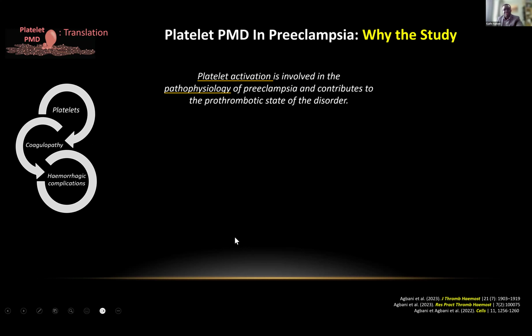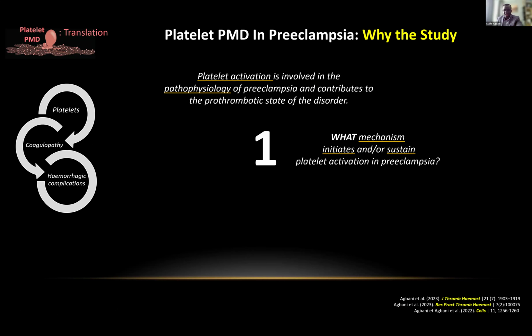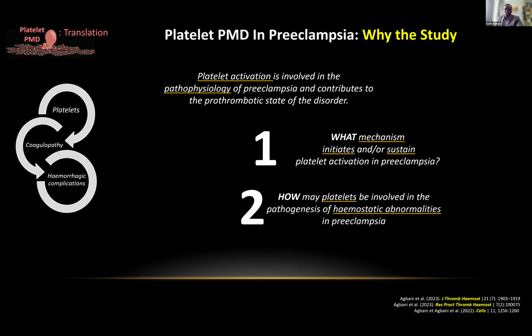We also know that platelet activation is involved in the pathophysiology of preeclampsia and contributes to the procoagulant state of the cell. Now, what we don't know is what mechanism starts it, what initiates it, and what sustains the platelet activation in preeclampsia. We also do not know how platelets may be involved in the pathogenesis of the hemostatic abnormalities in preeclampsia, because we know that these women bleed more.